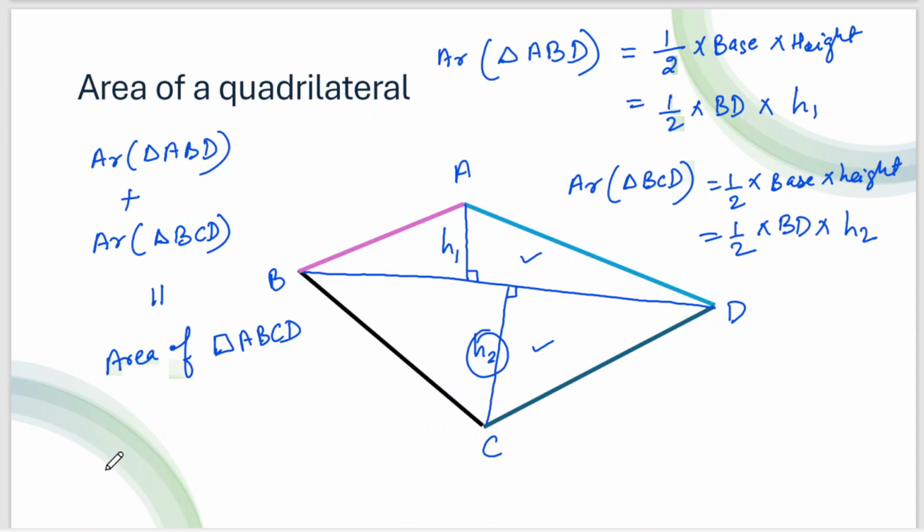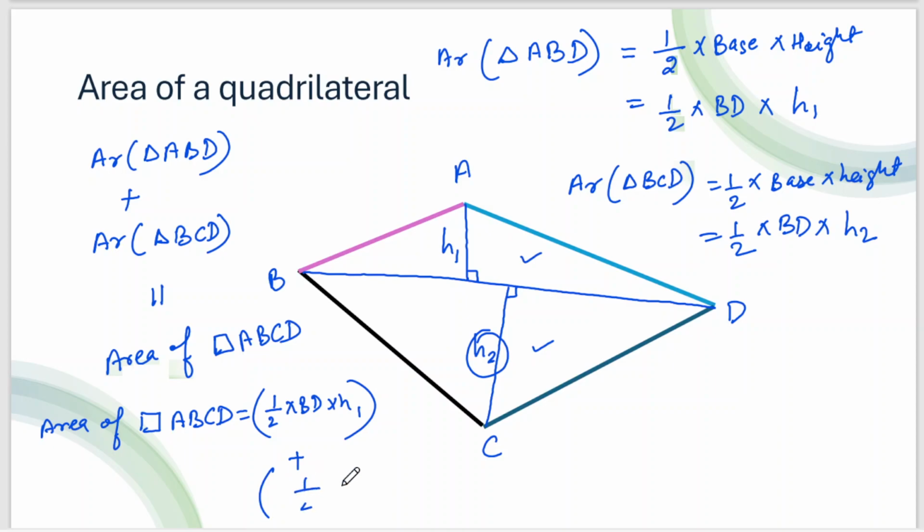Finally we have got the area of quadrilateral ABCD as the area of triangle ABD, that is half into BD into H1, plus the area of triangle BCD, that is half into BD into H2.